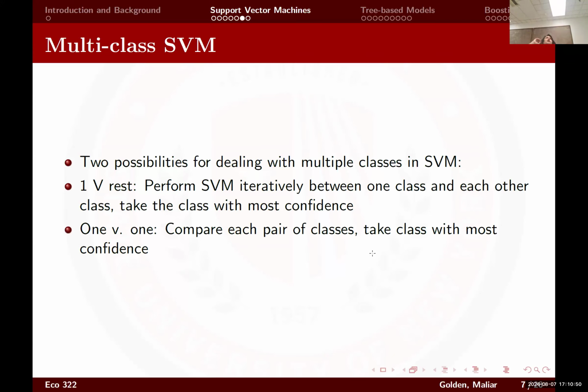You can also do one versus one. So you do one class against each of the other possible classes, and you take the class with the most confidence. You can kind of see how this would be very computationally intensive.